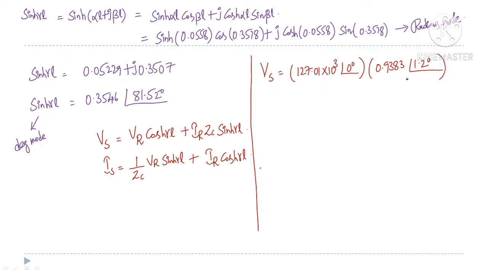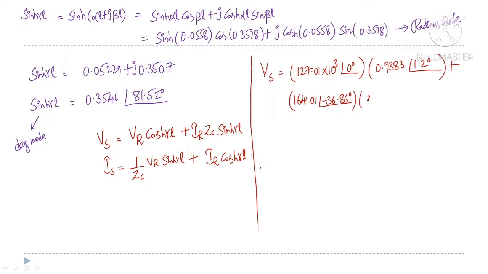This is VR cosh γL plus, what is IR? IR is 164.01 at an angle minus 36.86 degrees, because the load is a lagging load, multiplied with ZC.